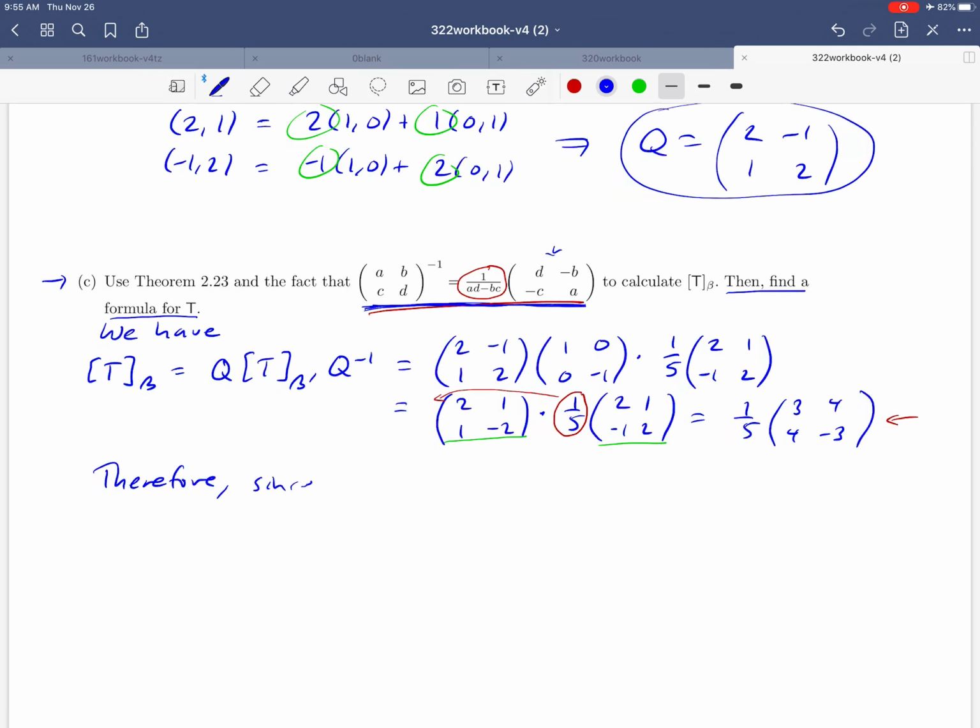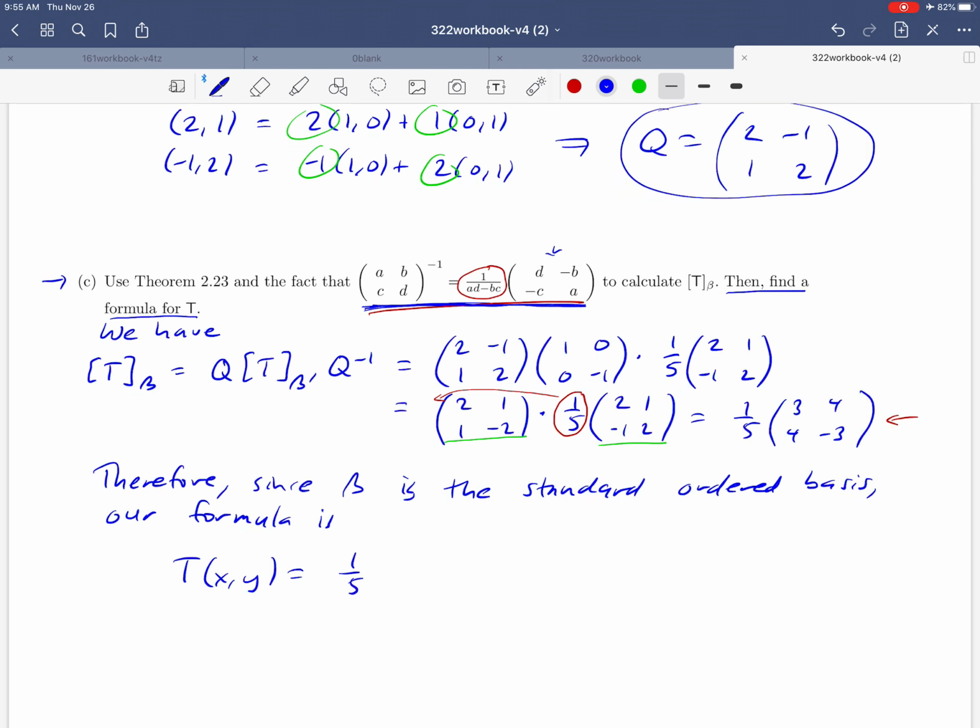Therefore, since beta is the standard ordered basis, our formula is T of xy equals 1/5 times 3x plus 4y. Notice that the 3 and the 4 just came from here and here. And then the second coordinate would be 4x minus 3y. Those numbers come from here and here.